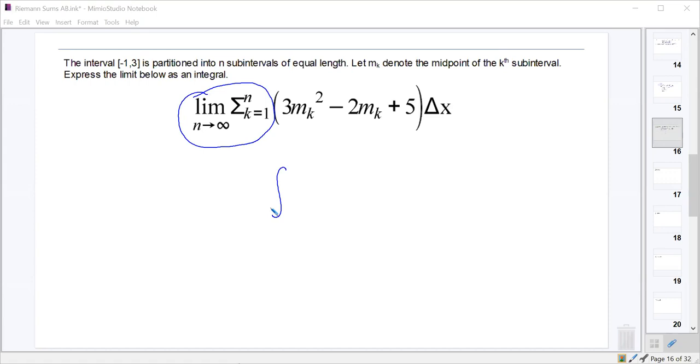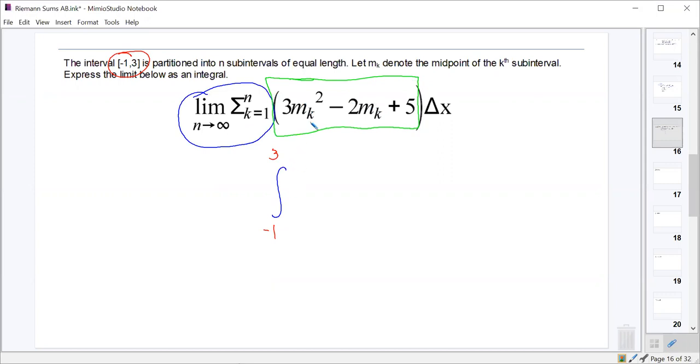-1. Should be -1, right? That comes from right up here. And the upper limit should be 3. And then our 3 m sub k squared minus 2 m sub k plus 5, well, that just represents the height of our function at m sub k. And so the height of our function is just the value of the function.